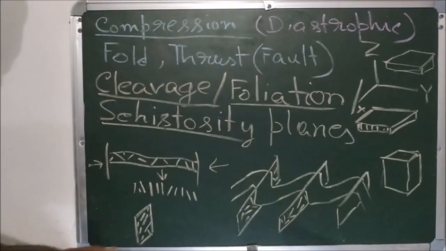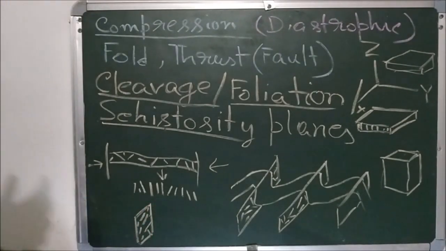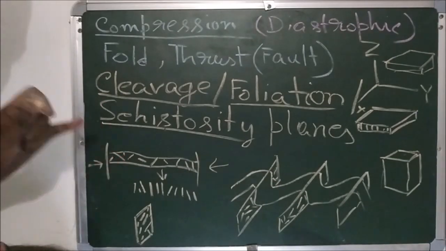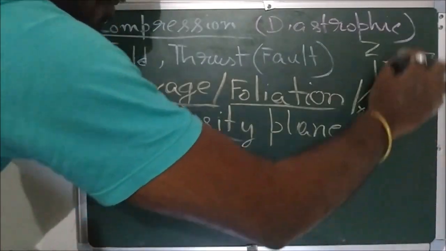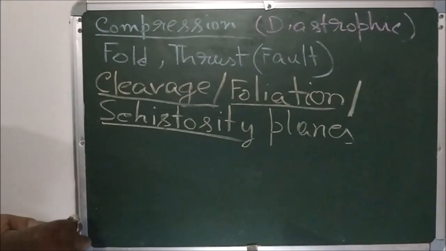So those will be called schistosity planes or cleavage planes or foliation planes. So this is the concept of foliation plane, cleavage plane and schistosity planes. These are all diastrophic structures. This was related to fold, that is why I have explained. Briefly, they not only occur due to compression, during shearing they can also occur, during extension they can also occur. But this is briefly the introduction of these planes to you.